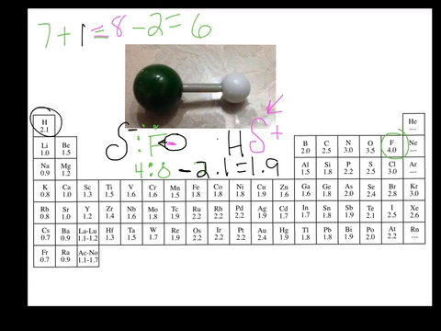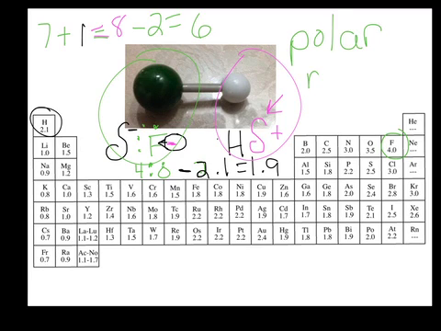This Greek letter tells us that it's partial, not completely positive, not completely negative, not like an ionic bond, but partially positive for the hydrogen end and partially negative for the fluorine end. If we take a look at the shape of this molecule, you can see that it allows us to have one charge at one end of the molecule and a different charge at the other end. So not only is this going to be a polar bond, but this is also going to be a polar molecule.